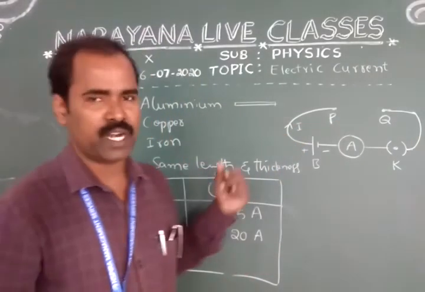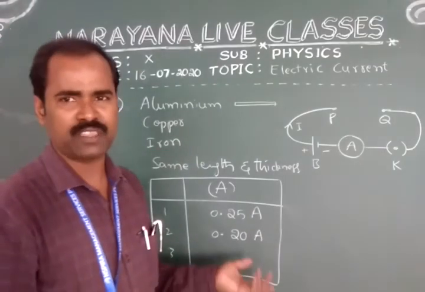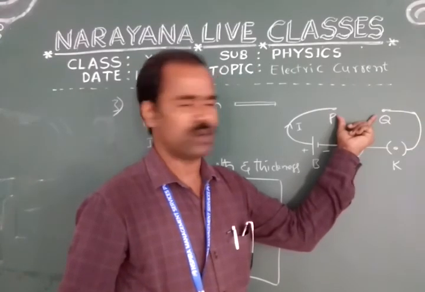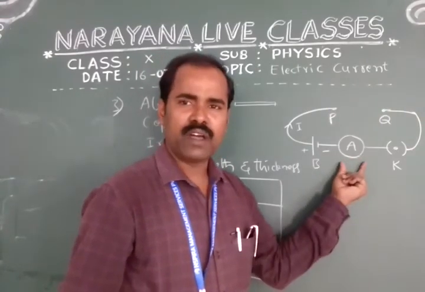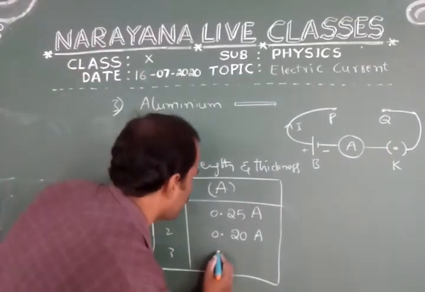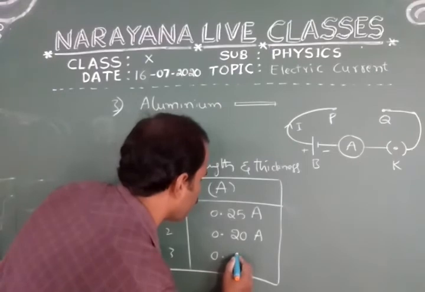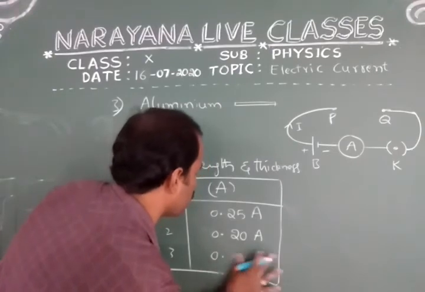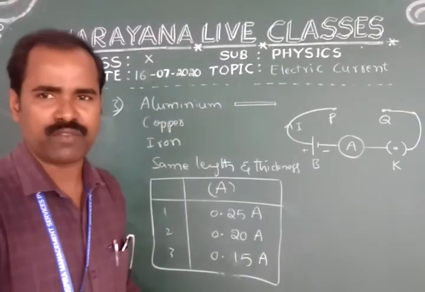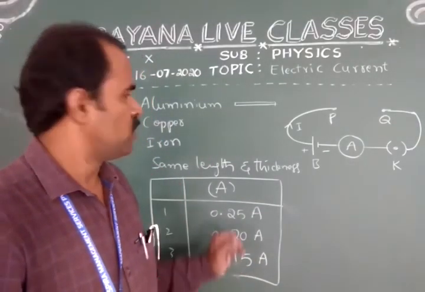In place of that, you take an iron spoke of the same length and same thickness. You place it between P and Q. Again, note down the ammeter reading. For example, we are getting 0.15 ampere. So these values are approximate values.